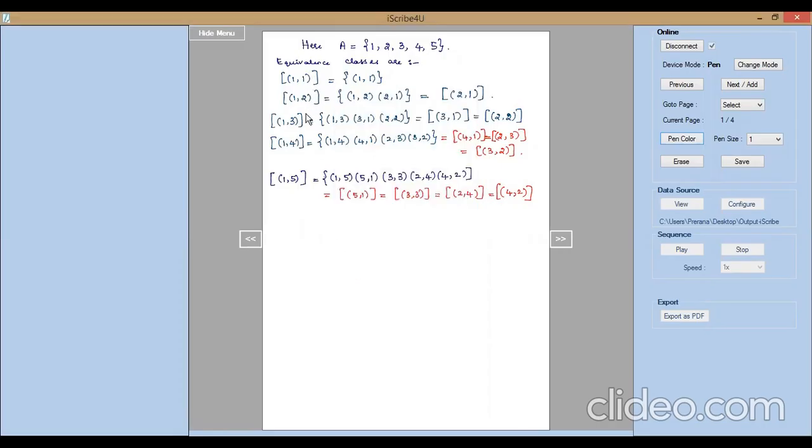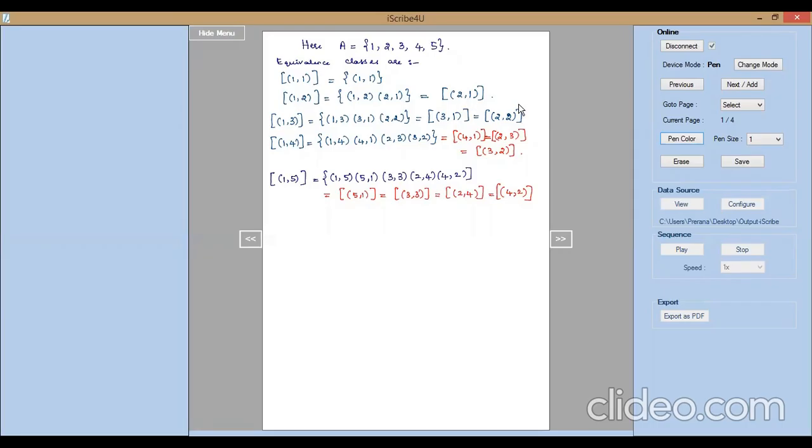I took up 1, 1, 1, 2, 1, 3, 1, 4, 1, 5. 1 to 5 are the elements in the set A. Correct? So 1, 1, 1, 2, 1, 3, 1, 4, 1, 5 is done. Next we will go with 2, 1. 2, 1 is the same as this, we have already written here. 2, 1, so the sum is equal to 3 now.